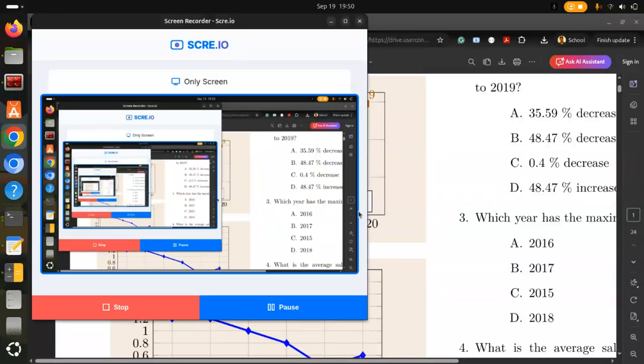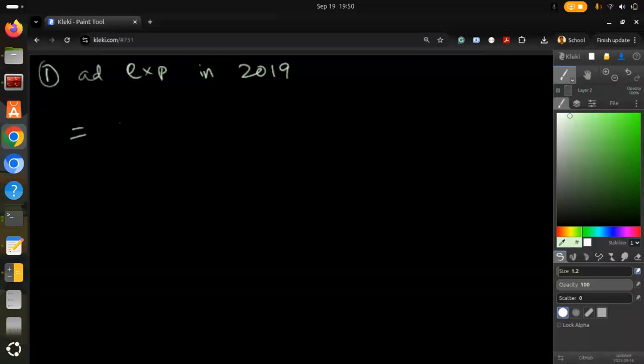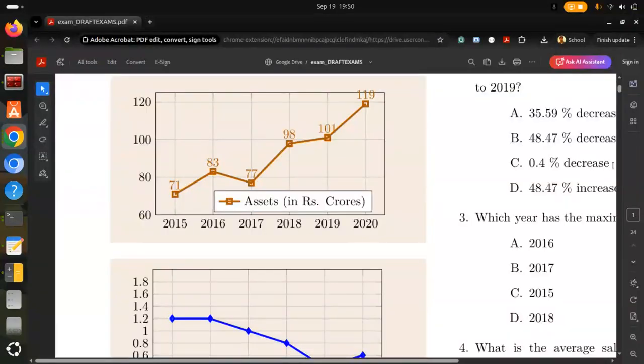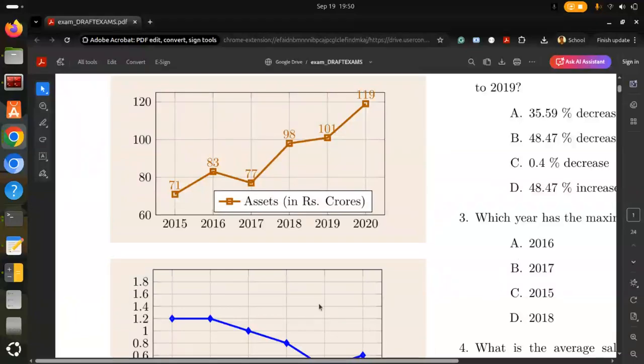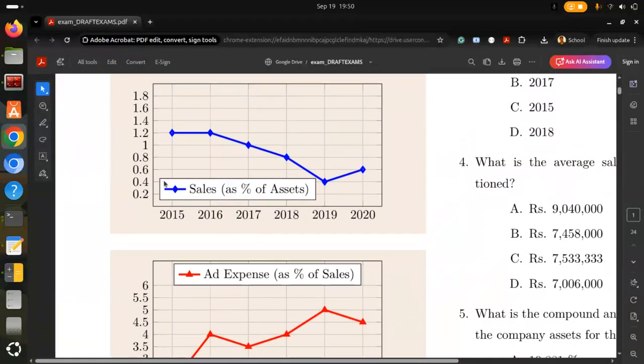From this, I will write down the information. So for the first question, ad expense in 2019: I'll take 110 crores multiplied with 0.4%.